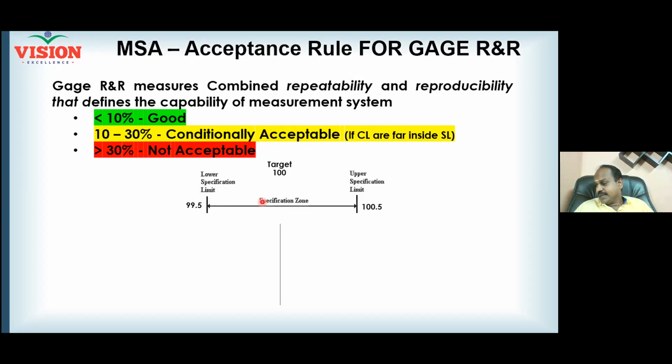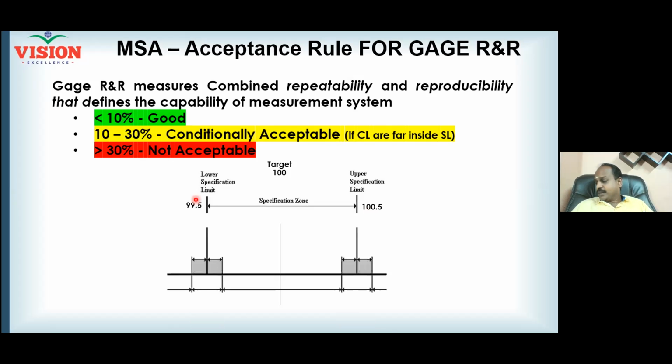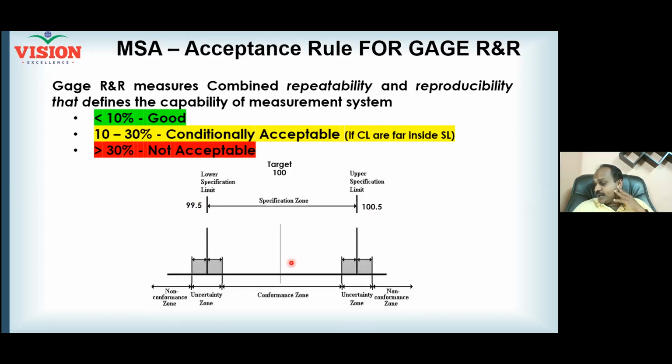See here, imagine you are measuring a product with a dimension of 100 plus or minus 0.5. Now, what is USL? 100.5. What is LSL? 99.5. Now I am showing your regions. This is your LSL, this is your USL, and your target is here. Now, what is the permissible error? 10% of your customer tolerance. How much is your customer tolerance, or specification width?